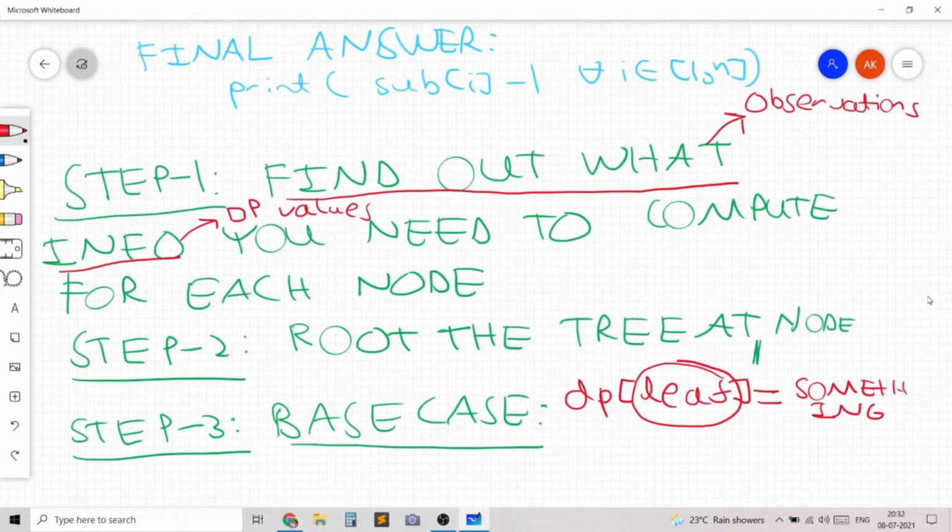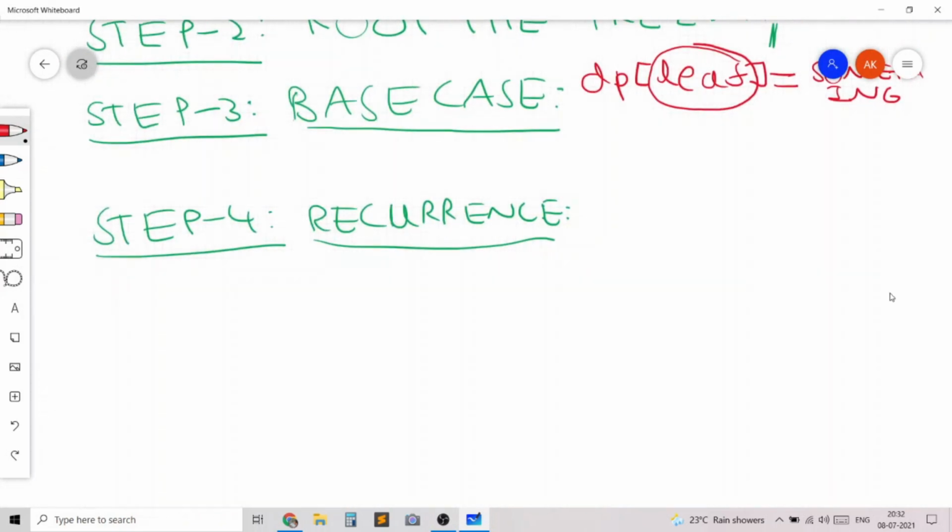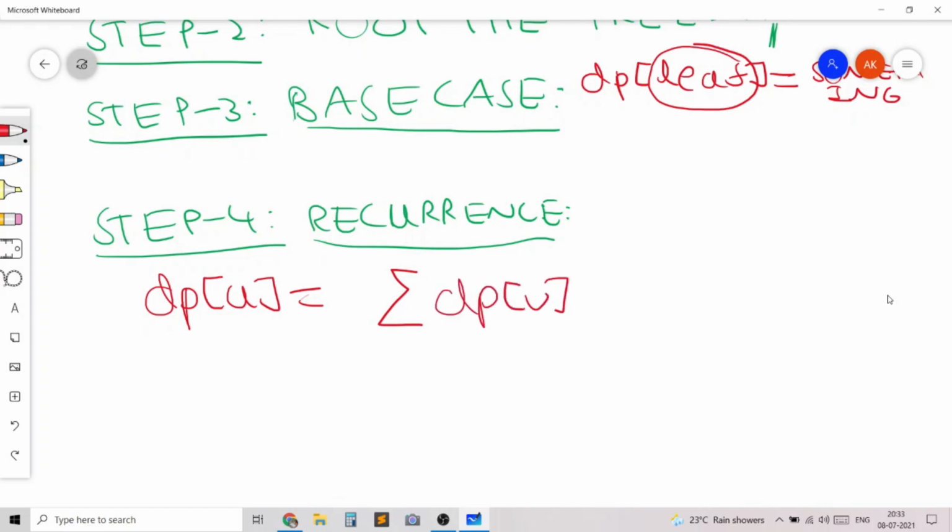Now the recursive case can also be a bit challenging to find out, but again we can easily predict what it usually looks like. The dp of each node u will usually be something like a summation of dp of v for all children v of u.